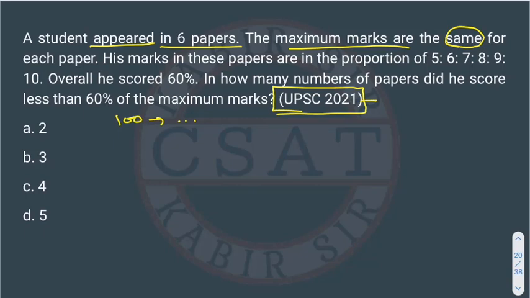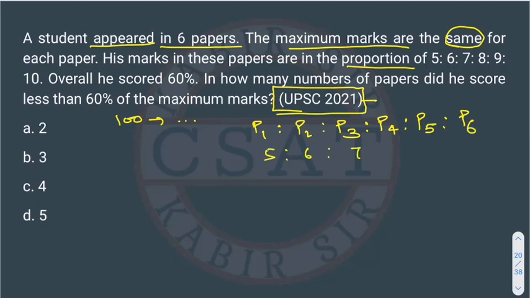His marks in these papers are in proportion. So now they have given the marks in proportion. If you remember ratio and proportion, we write it like this, right? So how many subjects are there? 6, and he is getting marks in the proportion of 5:6:7:8:9:10. If we want to remove this proportion sign, what do we do?